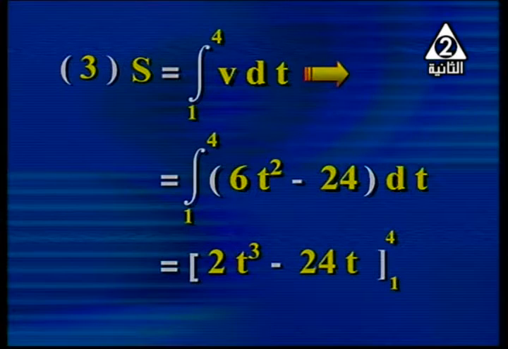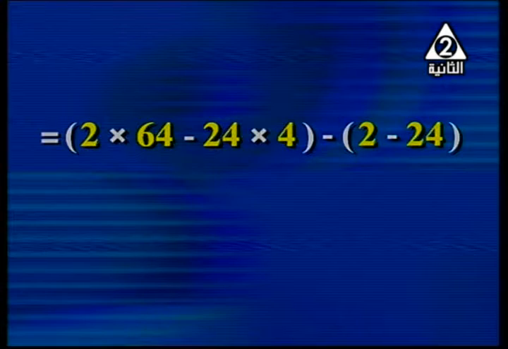For the definite integral from 1 to 4, we use t equals 4 and subtract t equals 1. The answer is (2 times 64 minus 24 times 4) minus (2 minus 24), which is 54 meter. This is the distance or displacement.